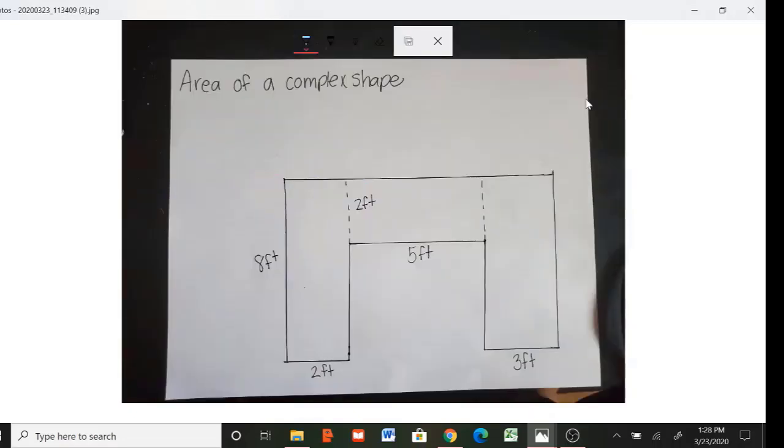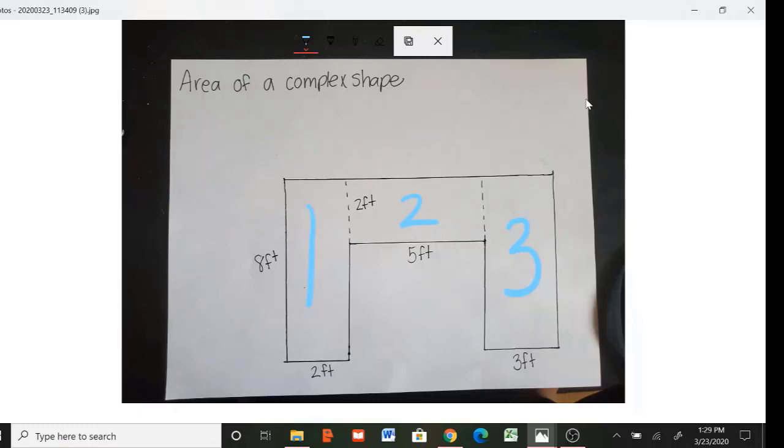All right, we're going to take a look at one of our first two examples of finding the area of a complex shape. So when we look at complex shapes, we want to see what other shapes make up that whole complex shape. So when I look at this shape, I see 3 rectangles. I see one rectangle here, another rectangle here, and a third rectangle right here. Okay, so those are my 3 shapes that I see.